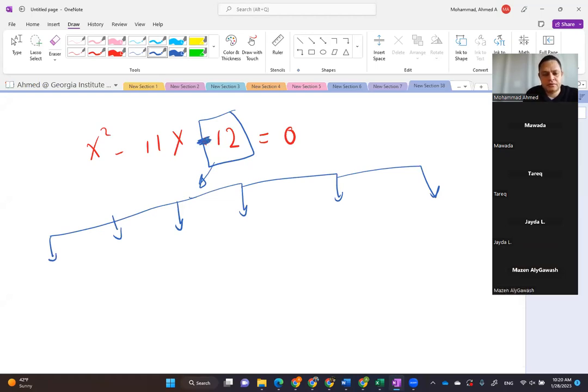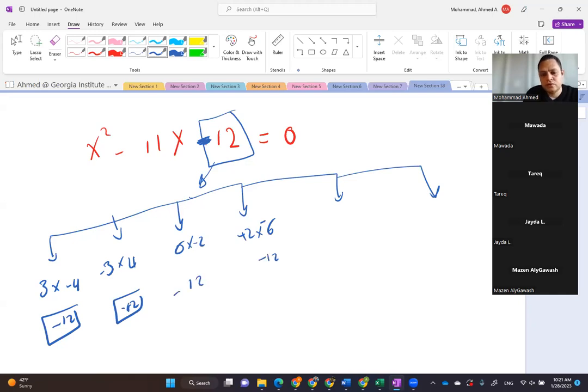So it's going to be either 3 multiplied by -4, which equals -12, or -3 multiplied by 4, which is -12 too, or 6 multiplied by -2, or -6 multiplied by 2, or 12 multiplied by -1, or -12 multiplied by 1. All of these are -12.